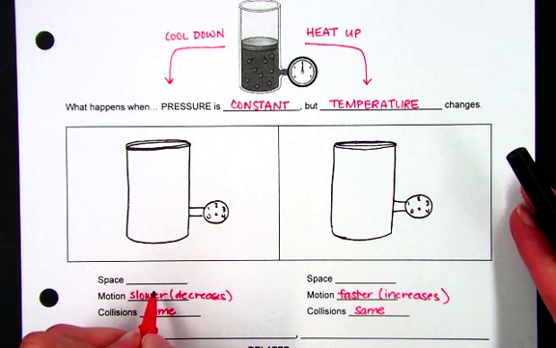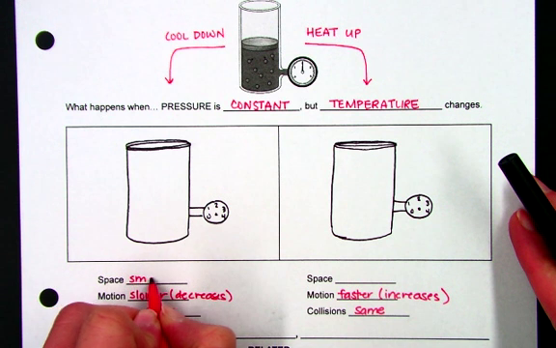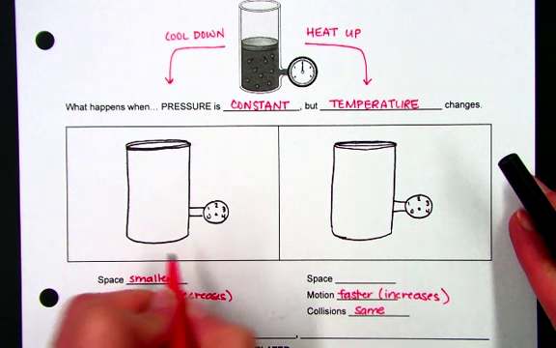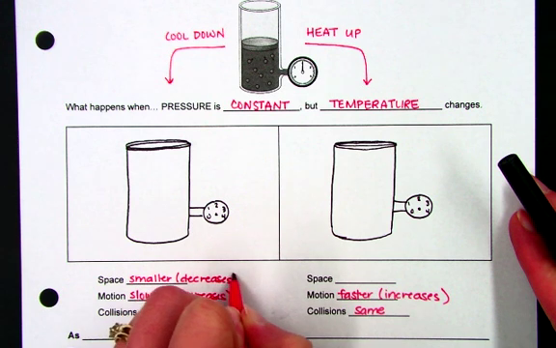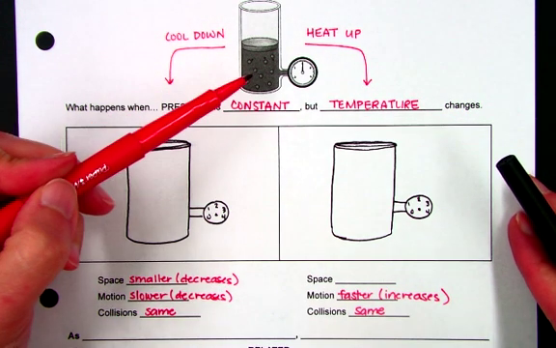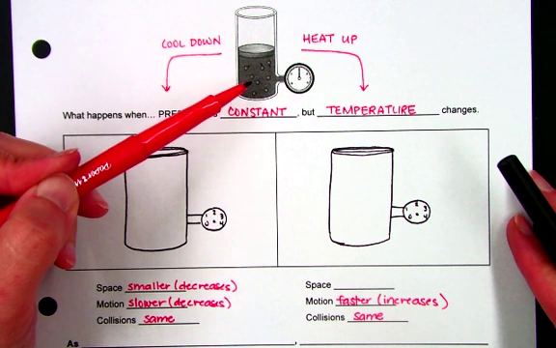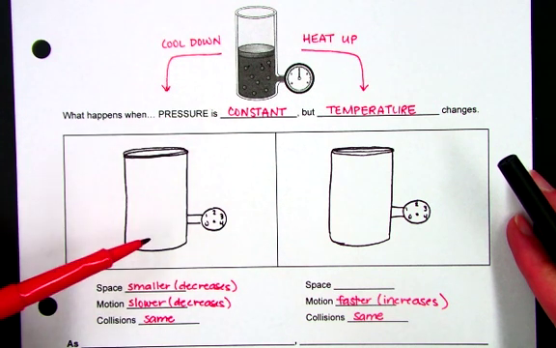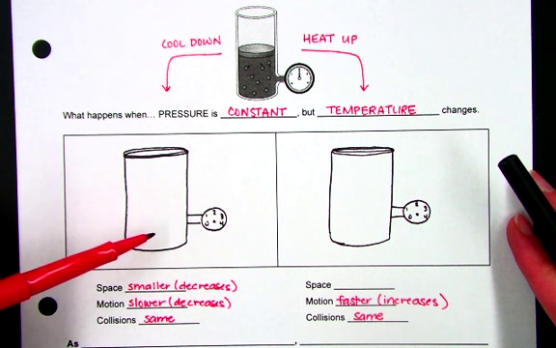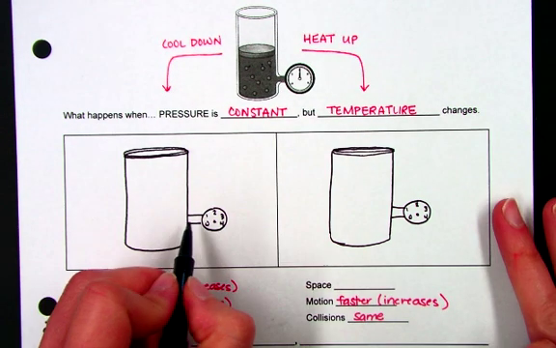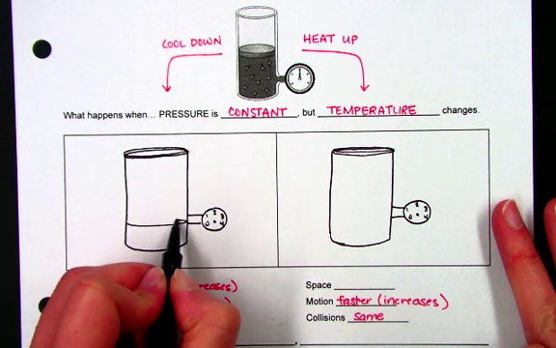It's got to be smaller. Remember, if it's medium speed and medium volume, right, and medium pressure, if I have slower, I have to have smaller. Okay, so I'm going to go ahead and I'm going to drop my lid, right, down to here.